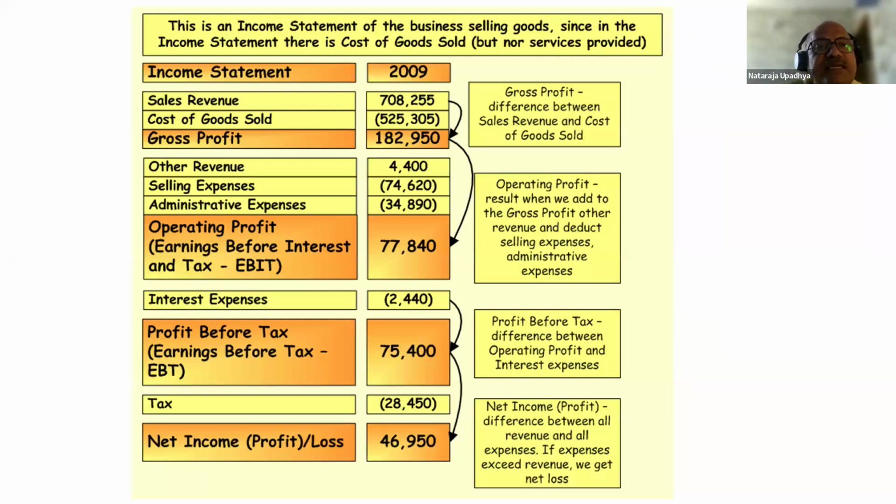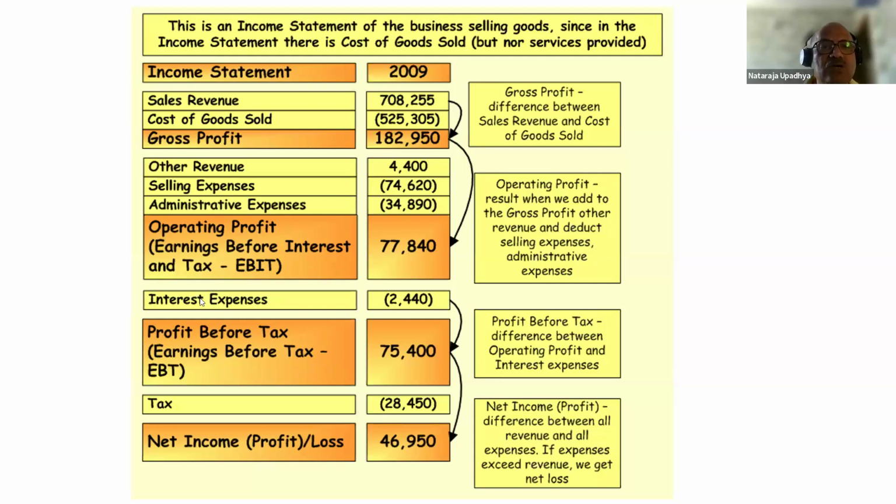So basically, there is an income statement wherein there is a sales revenue, then cost of goods sold. The difference gives you gross profit. To the gross profit, you could add other revenues, which is a plus, then subtract selling expenses, then administrative expenses. That gives you operating profit, which is earnings before interest and tax, or EBIT as it is called.